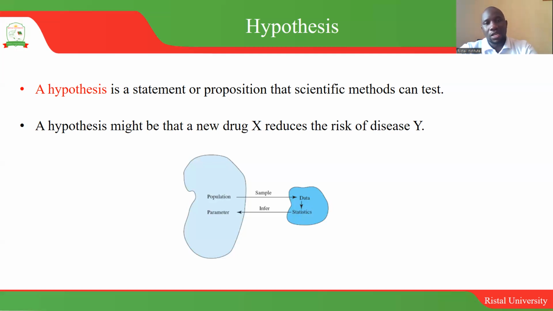So basically, we don't test whether the drug X has an impact on Y on everyone within a given population. We basically pick a few members of the population who we call the sample, and then we carry out the experiment, and then we can now make a conclusion or infer that indeed the drug has an impact on the disease Y.